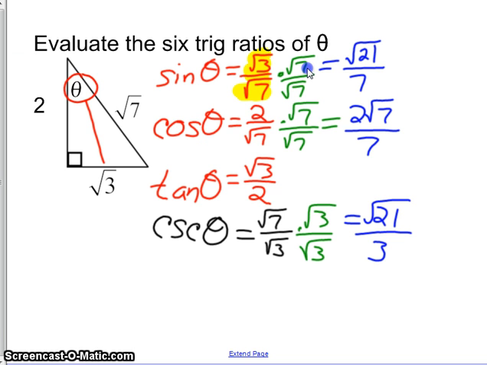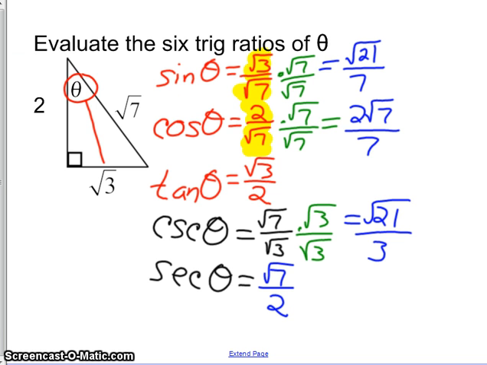Secant. Okay, so I want to go back to the pre-rationalized version of cosine, which is square root of 7 over 2. So in this case, when I take the reciprocal, my denominator now is a whole number, so I don't have to worry about rationalizing that one.